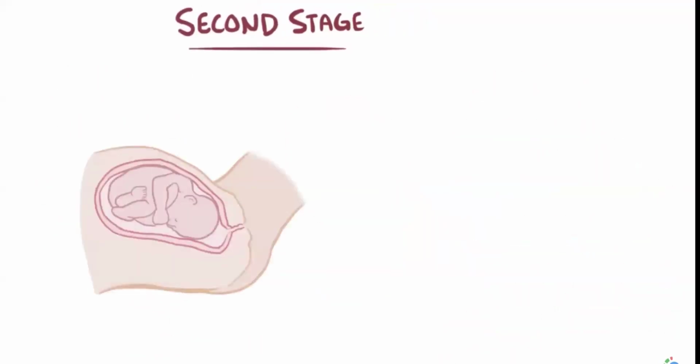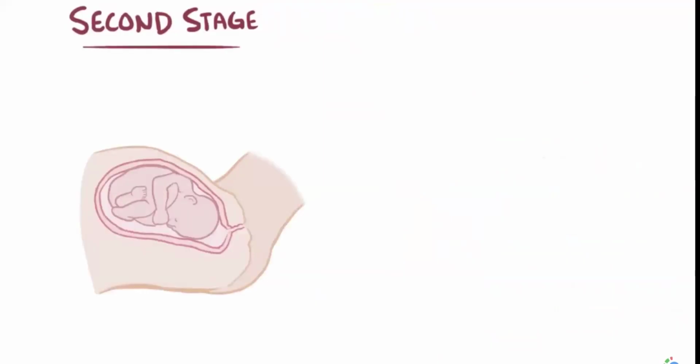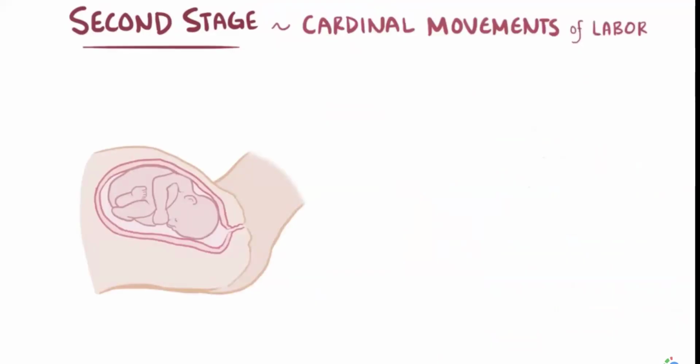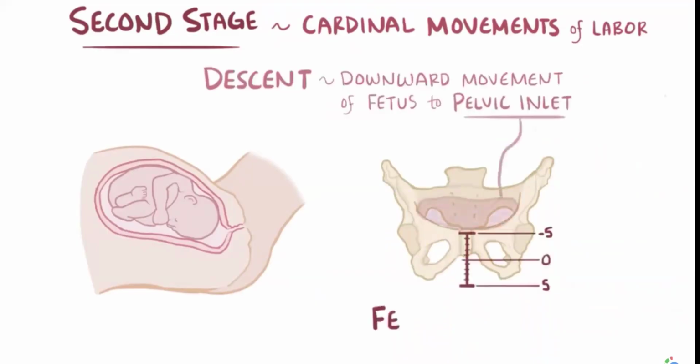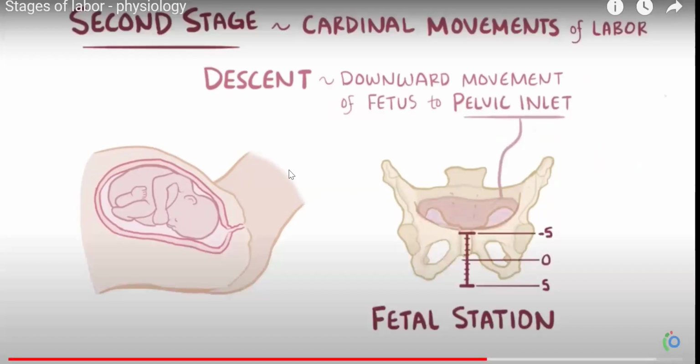To make it through the passage, the fetus makes several positional changes, which are called cardinal movements or mechanisms of labor. Initially, there's descent, which is a downward movement of the fetus into the pelvic inlet. The degree of descent is called the fetal station. Okay, so the fetal station is a very important thing. It comes in exams.